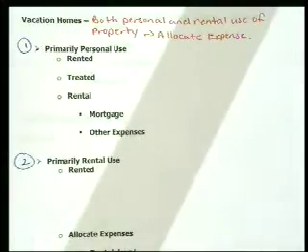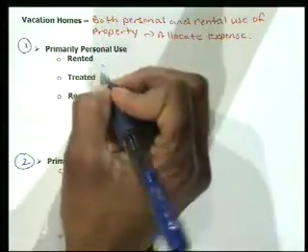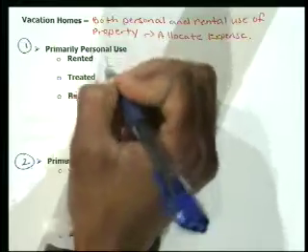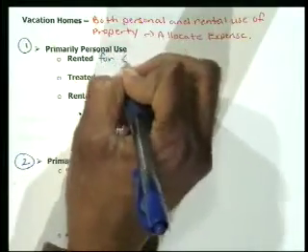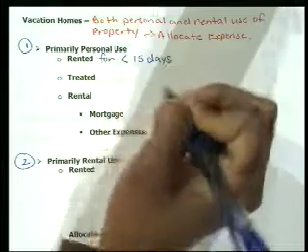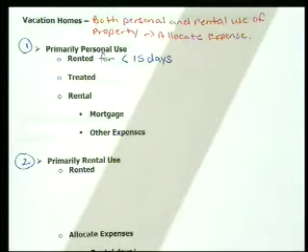How does a home qualify as primarily personal use, and how is it treated? When we're talking about property that is primarily personal use, it's going to be rented for less than 15 days. So 10, 12, but less than 15 days.